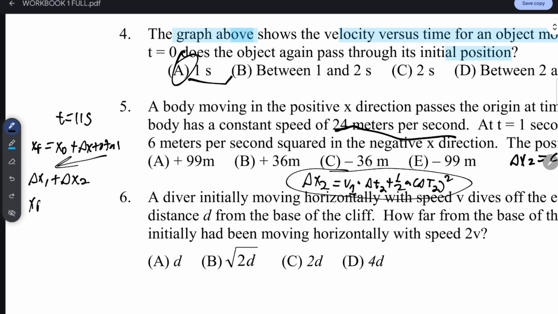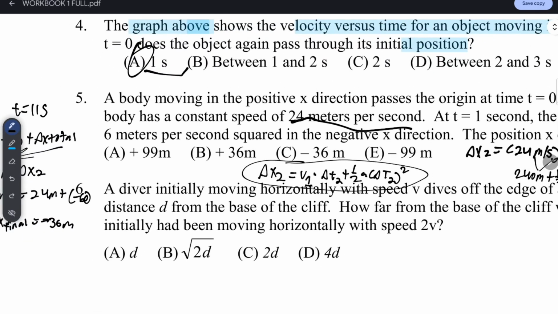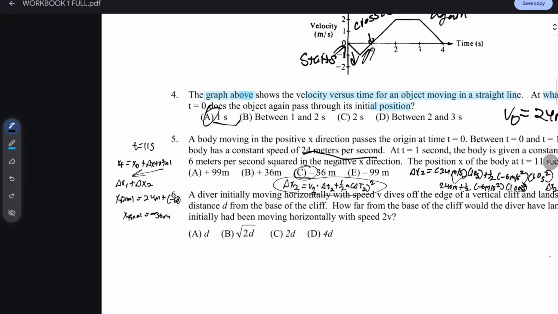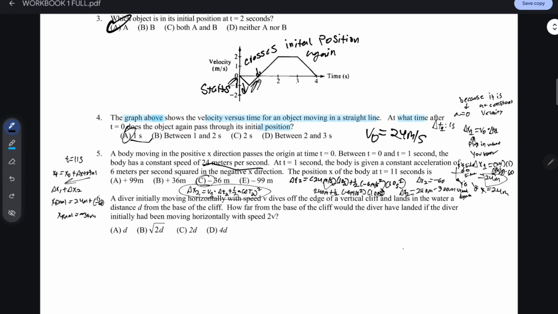So x final is equal to 24 meters plus -60, and we get the final answer: x final is equal to -36 meters. And would you look at that? C is -36 meters.